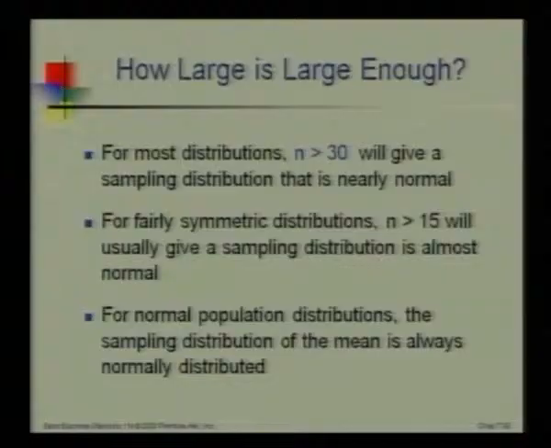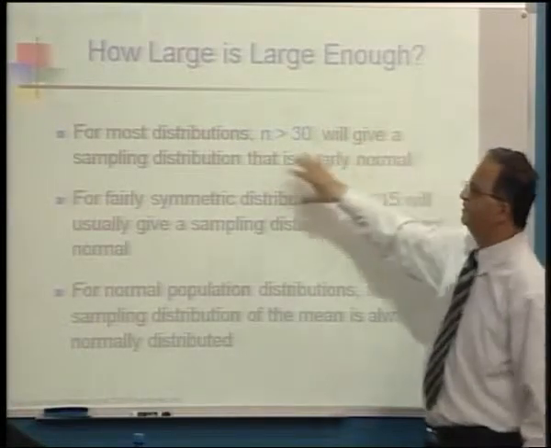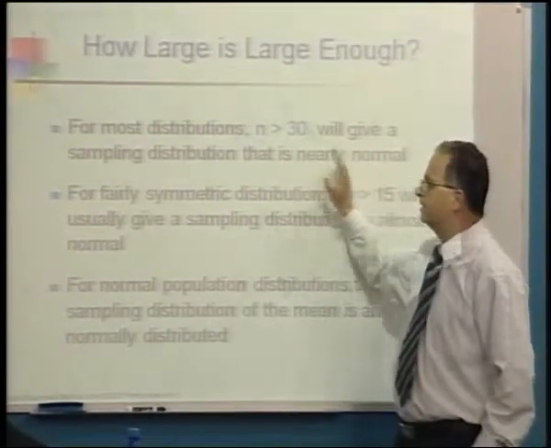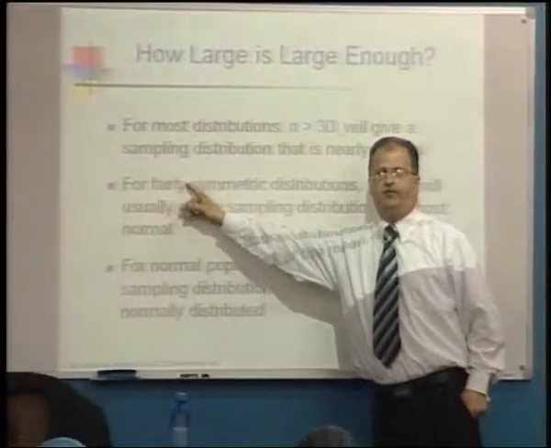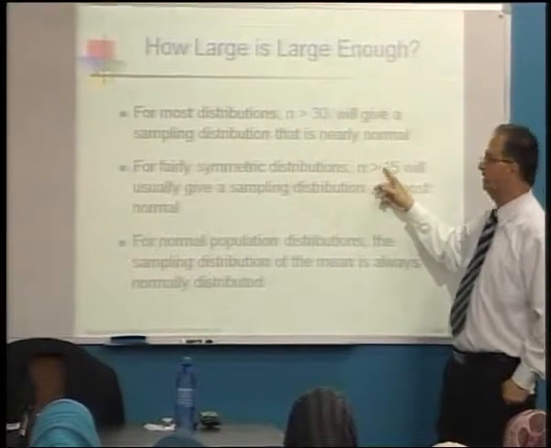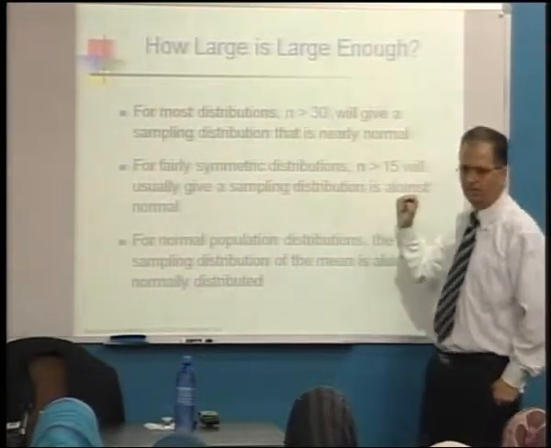Now, how large is large enough? We mentioned that for most distributions, n above 30 will give a sampling distribution that is nearly symmetric or normal. On the other hand, for fairly symmetrical distributions, n above 15 will usually give a sampling distribution that is almost normal.